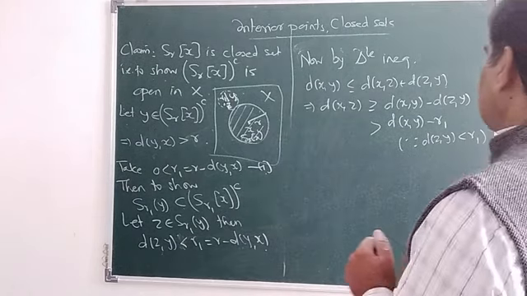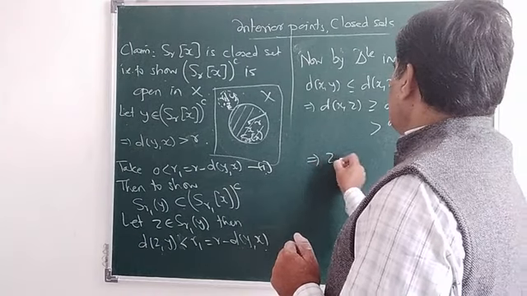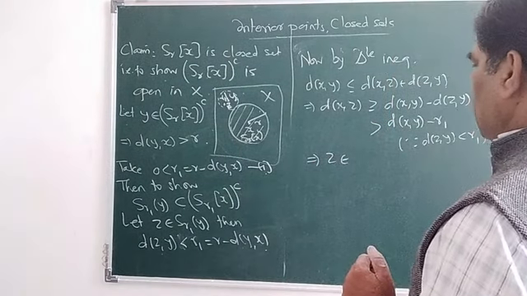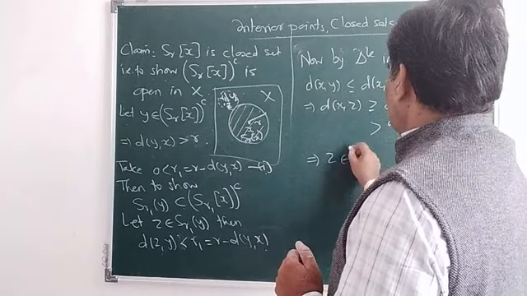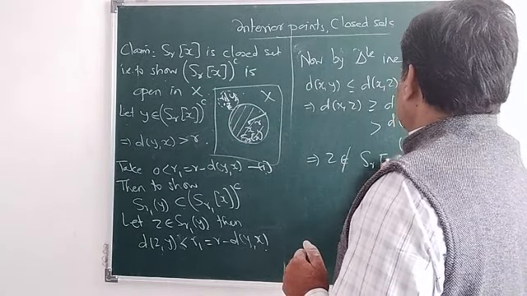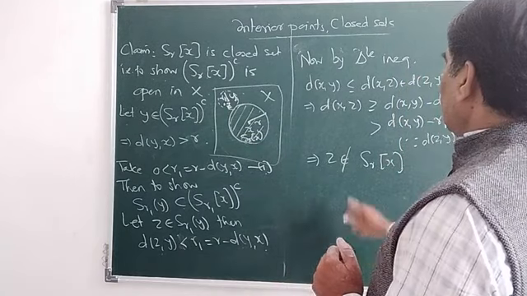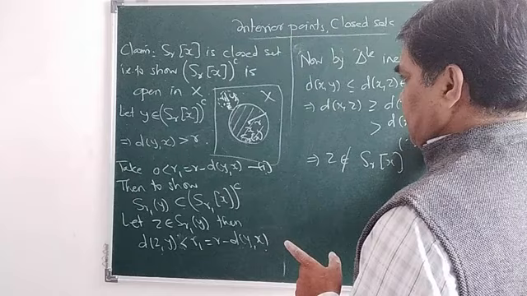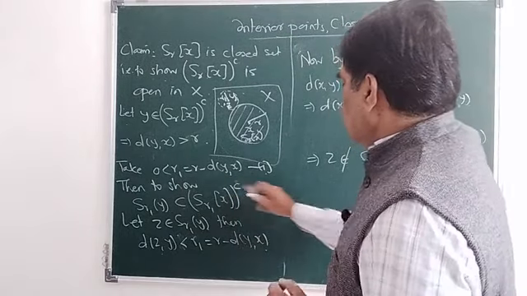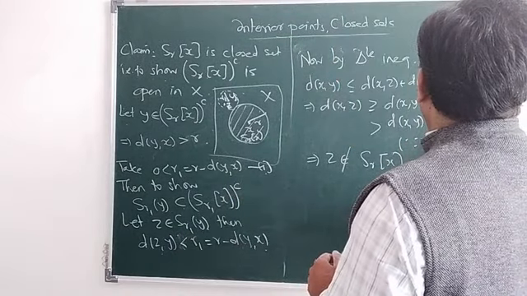What this implies is z doesn't belong to S_r[x], because this d(x, y) minus r1 is equal to r.